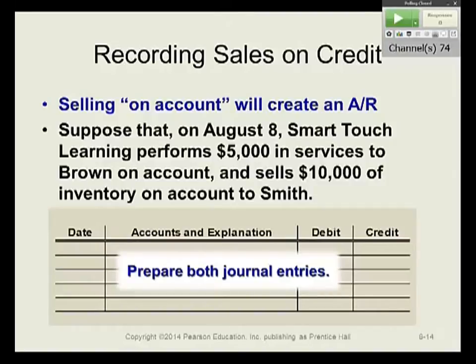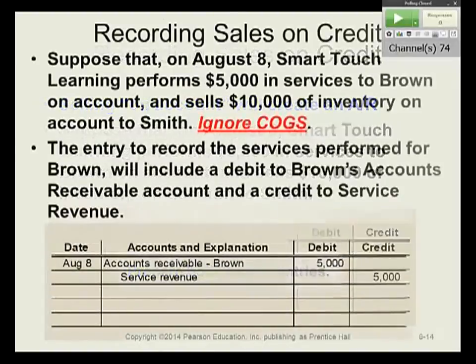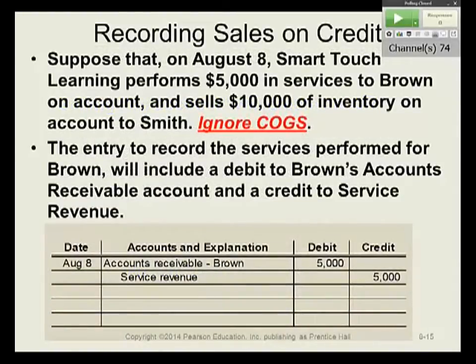You know yourself, if you order something online, there's a customer number. So we're going to give you a customer number. Here we're going to talk about names to associate a specific account with that individual. So they have service on account of $5,000 for Brown and $10,000 for Smith. We're going to ignore cost of goods sold, and the $5,000 sale on August 8th to Brown debits accounts receivable and credits service revenue.